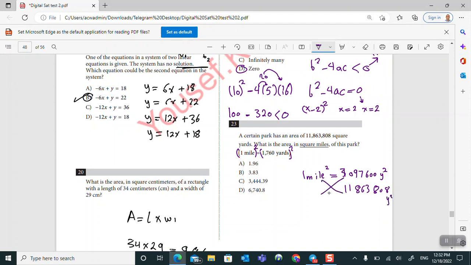Using cross multiplication, you will find that the area in miles is 3.83, which is B. Isolate x, you will have 3.83. Okay, let's move on.